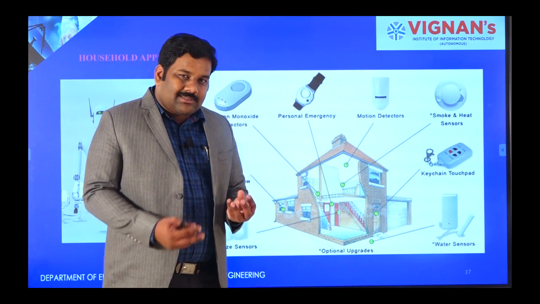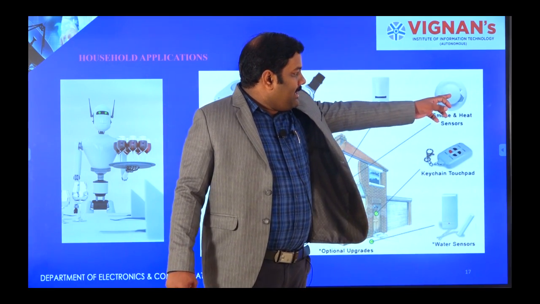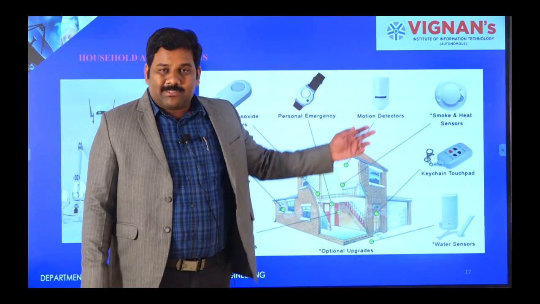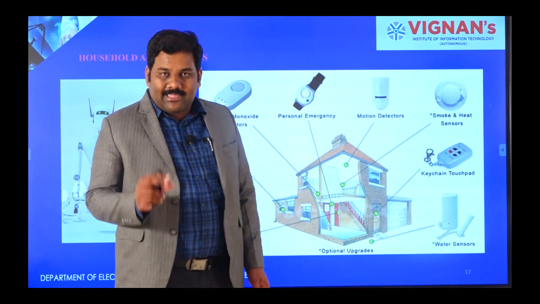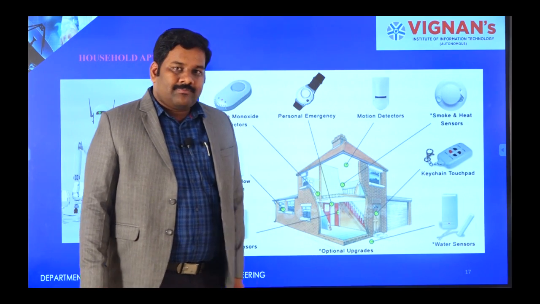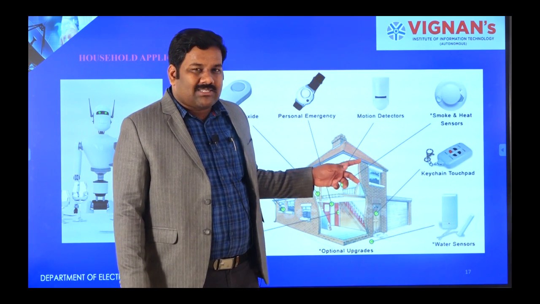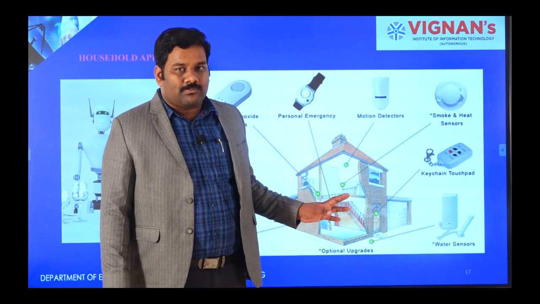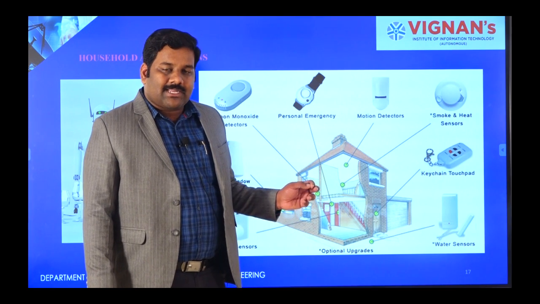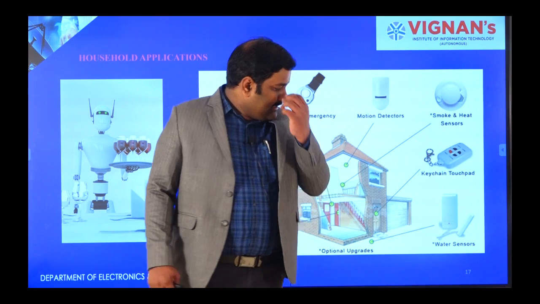By burning the cloth, some smoke is produced. That smoke is identified by the sensors. When the sensor identifies that smoke, it immediately sounds the buzzer. Then we need to understand that if the buzzer is sounding, some smoke or heat has been initiated in our home. On that basis, we need to take the corresponding precautions. Next, keychain touchpad.